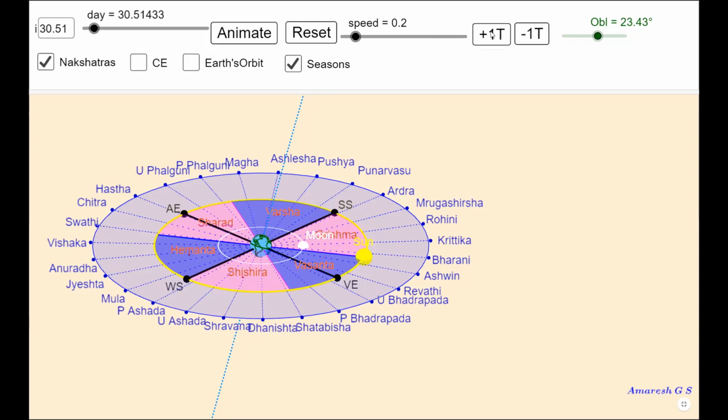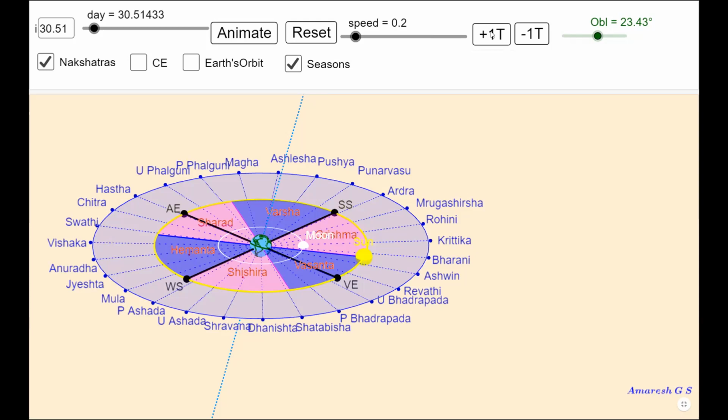It is important to realize, and we will see why that happens in later modules of this course, that for the sun to travel through 30 degrees, it may take anywhere from 29 days to 32 days. And therefore, I said it will take about 30 days for the sun to travel through 30 degrees and complete one solar month.